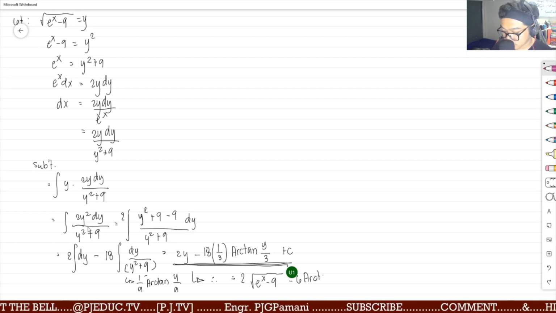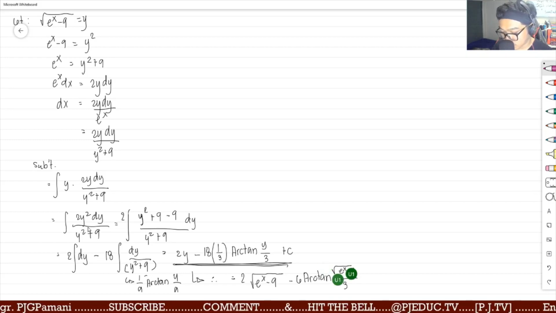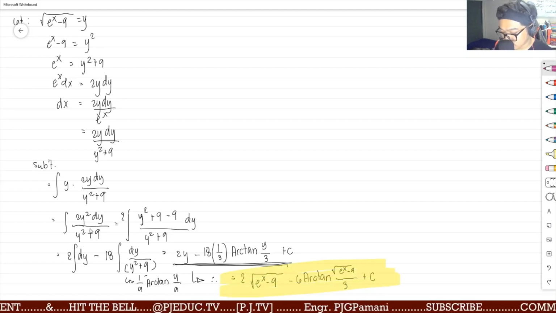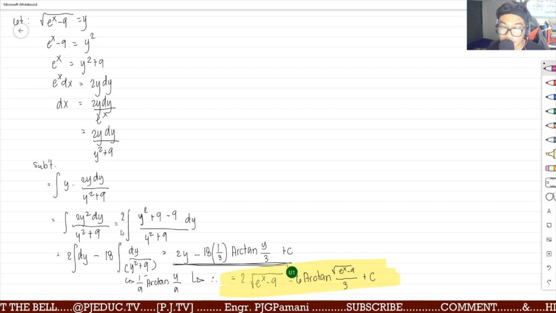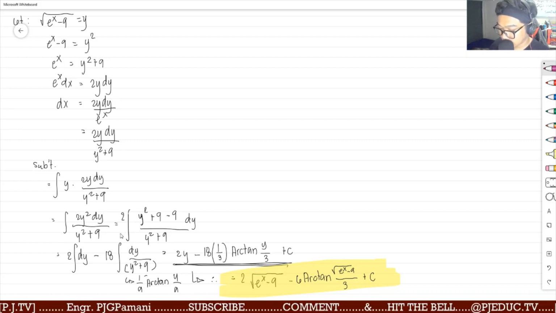Arctangent square root of e raised to x minus 9 over 3 plus c. So, yan na ngayon yung ating final answer. Dali lang naman, di ba?